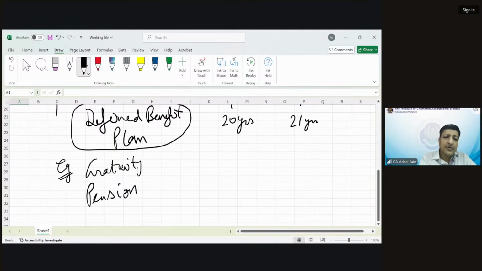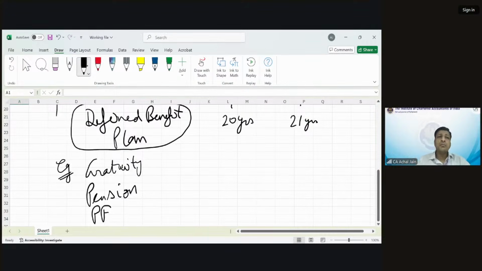Similarly, we can say PF. All of these are examples which can be considered as defined benefit plans. So you can say it's a type of employee benefit, and within this type we may have different examples.